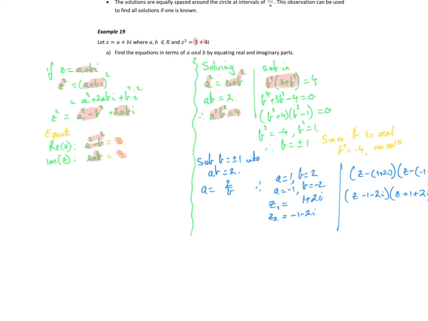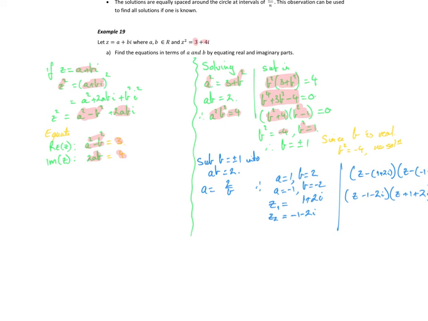Expand and group terms, I get B to the 4 plus 3B squared minus 4 equal to 0. Now that's actually a quadratic expression in terms of B squared. So if we factorise that as if it was quadratic in terms of power, I'll end up with B squared plus 4, B squared minus 1. So I'll end up with B squared equal to negative 4, B squared equal to 1.